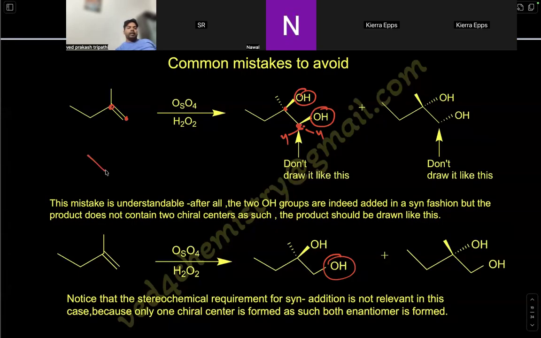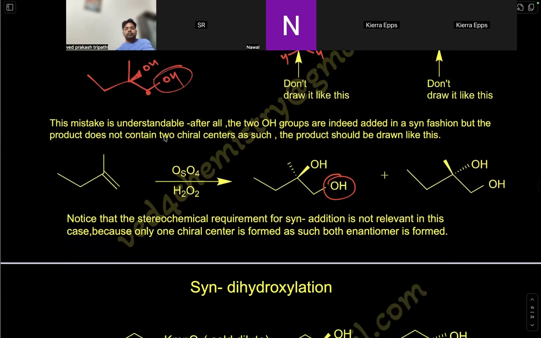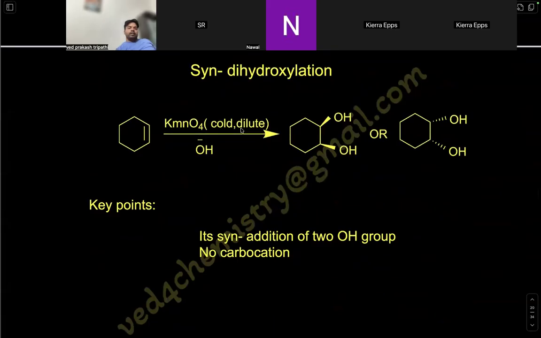So we can add OH like this, and either wedge OH or dash OH in the next one. Clear? We don't have a chiral center here, so you can use a plain OH. There is another reagent for syn dihydroxylation, KMnO4 with OH ion.